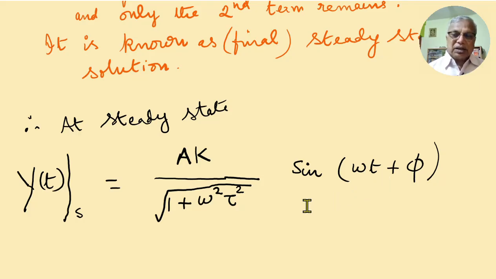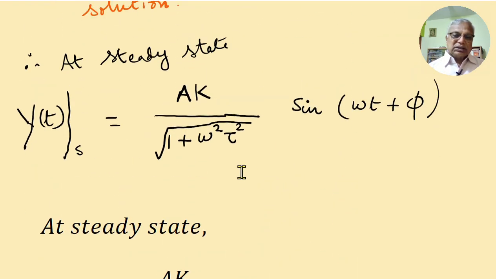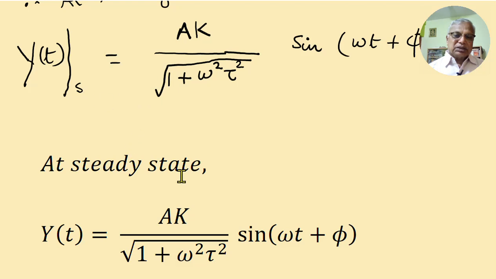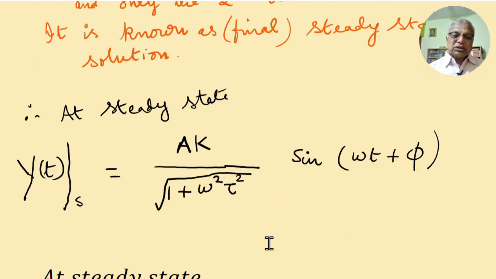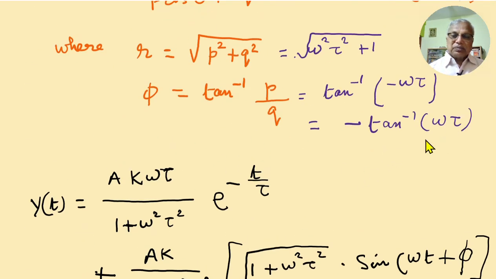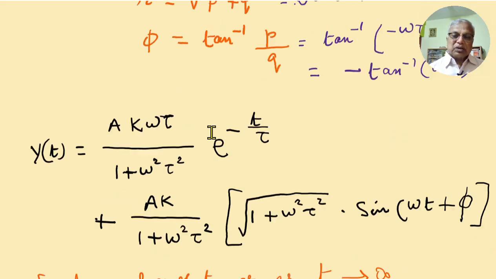This is the final or steady state solution of the sinusoidal response. I have just rewritten that. At steady state, y of t equal to ak by root of 1 plus omega square tau square into sine omega t plus phi, where phi equal to minus tan inverse of omega tau, as we found here.